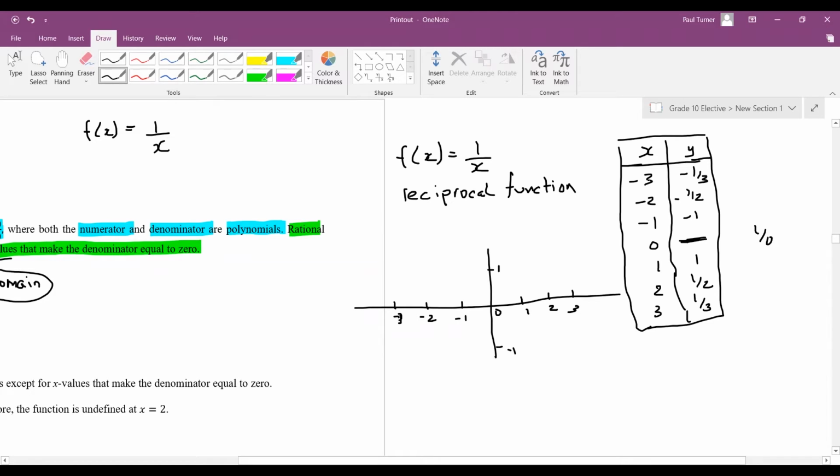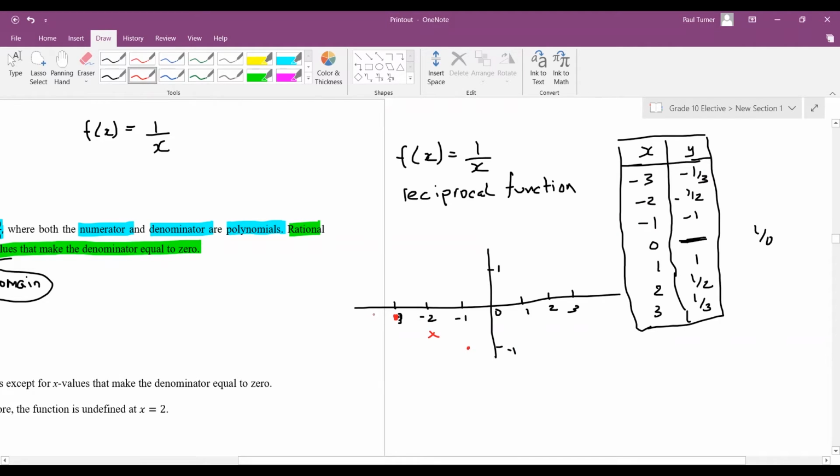So -3, -1/3 is around there. About there. So -2 will be -1/2. Bit further down, about there. I put an X because whenever I make a dot, it comes up silly. So -1, -1 is here.